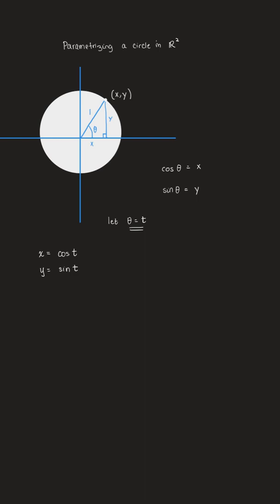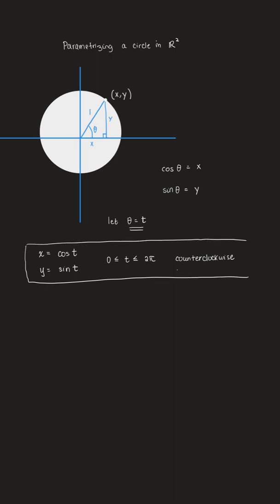If we want to find all the points around the entire circle, t would start at 0 and end at 2 pi, and here we have one counterclockwise rotation. So there are our parametric equations for a circle centered at the origin whose radius is 1, and we are traveling in the counterclockwise direction.